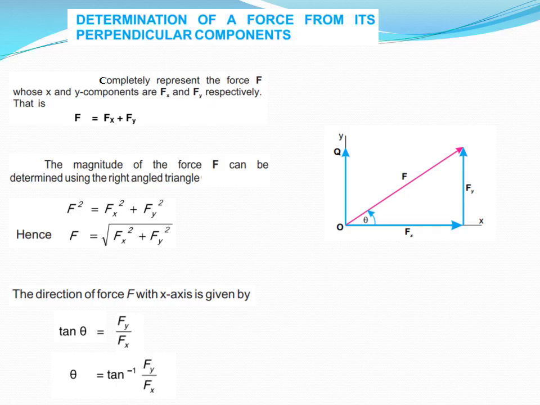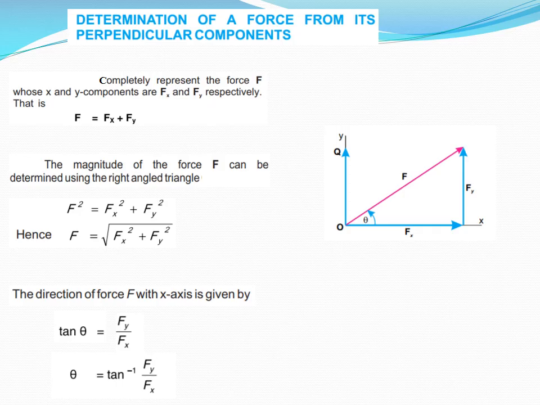The magnitude of the force F can be determined using the right-angle triangle. By Pythagoras theorem, hypotenuse squared equals base squared plus perpendicular squared, so F squared equals Fx squared plus Fy squared, and taking the square root we get F equals the square root of Fx squared plus Fy squared. This expression gives the magnitude.